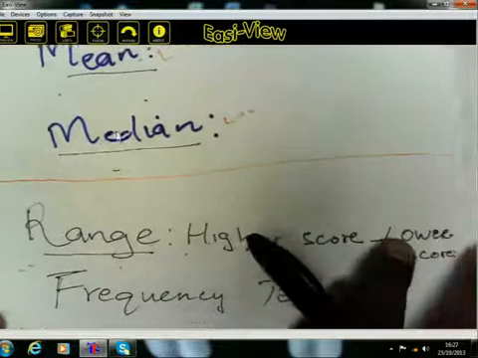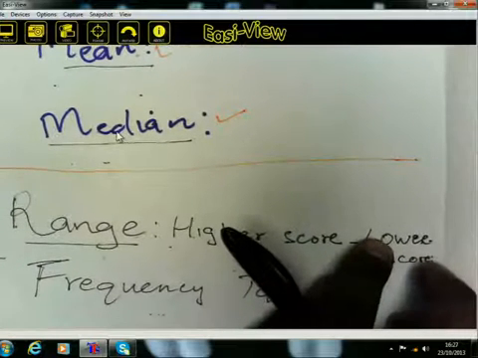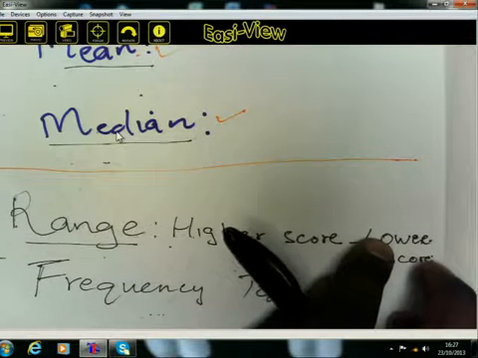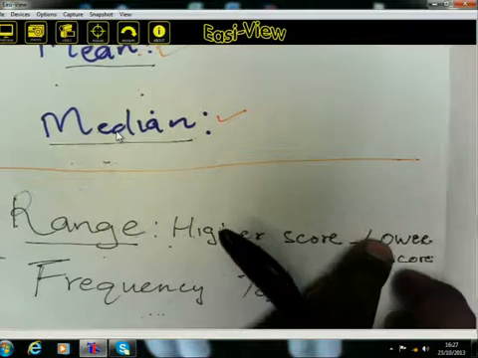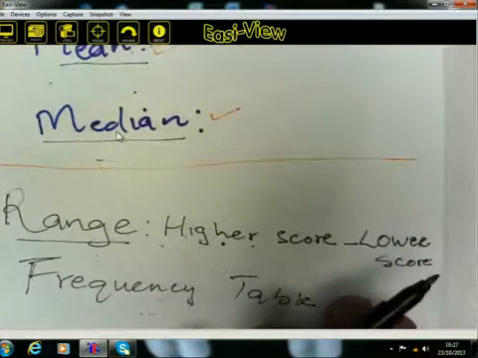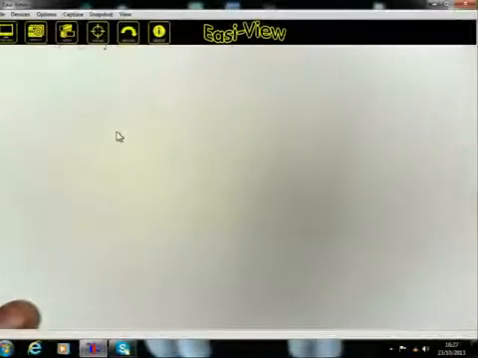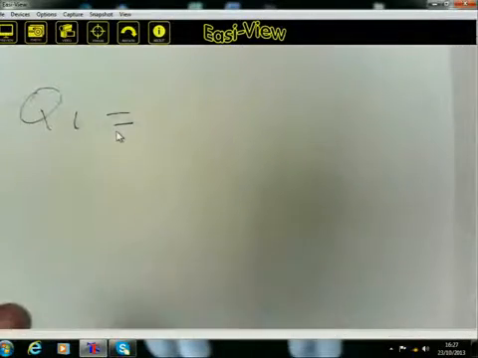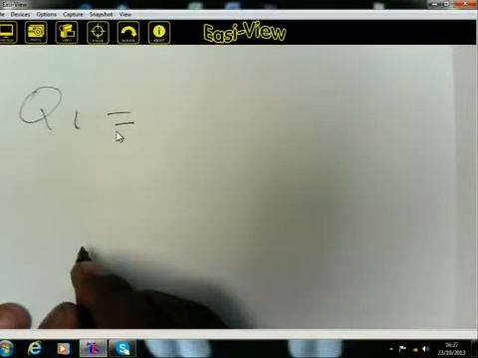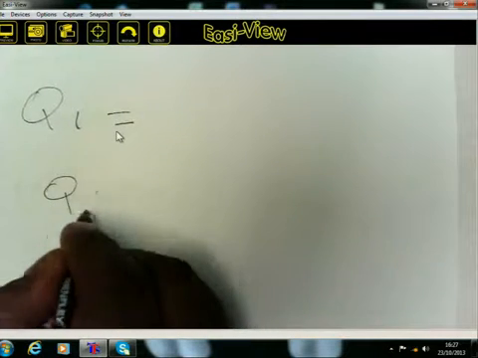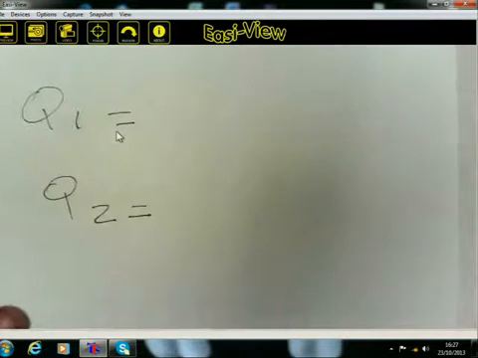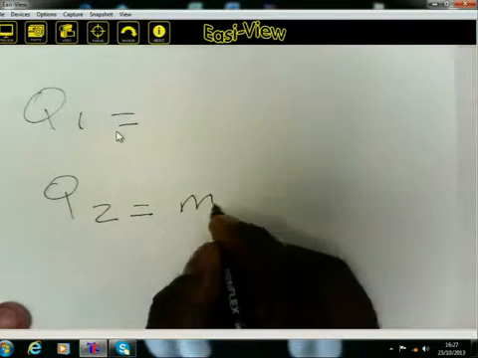After the break, we'll do the quartiles. On quartiles, we'll be talking about Q1, which is the first quartile, and then we talk about Q2. Q2 will be our median.